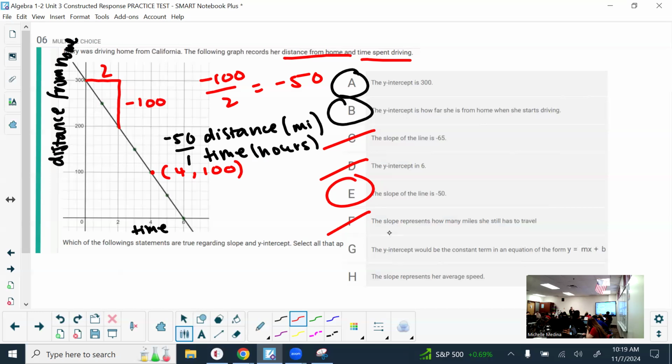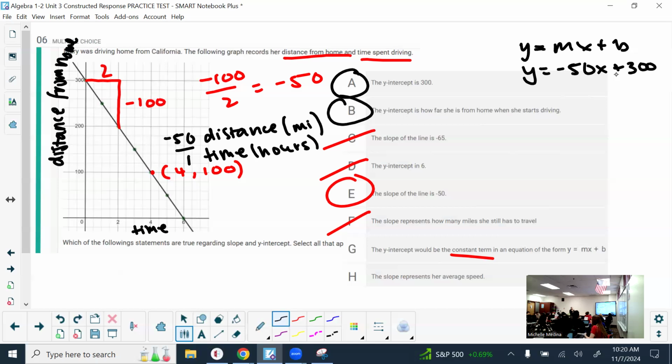Okay. Then it says the y-intercept would be the constant term in the equation of the form y equals mx plus b. What does the word constant mean? When I say constant, coefficient, variable, constants are our... So normally in slope-intercept form, only the m and b are replaced with numbers. So our slope we already figured out, our y-intercept we already figured out.